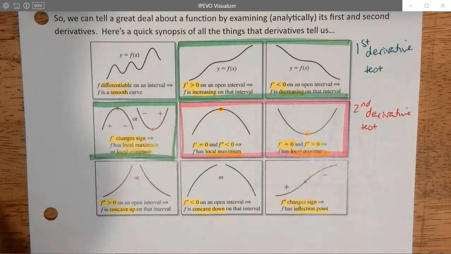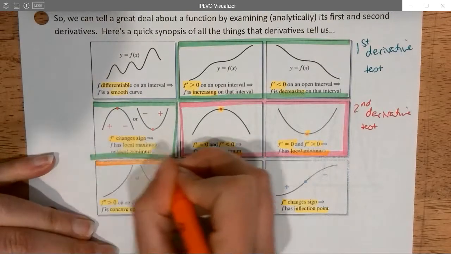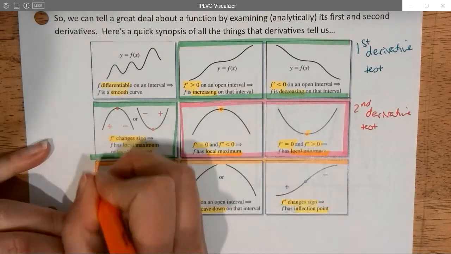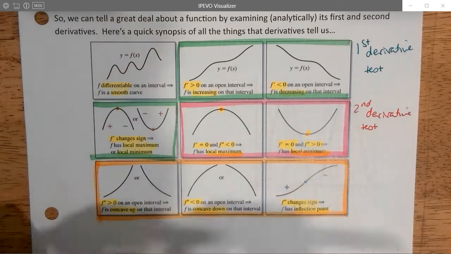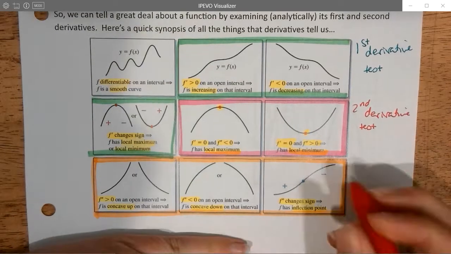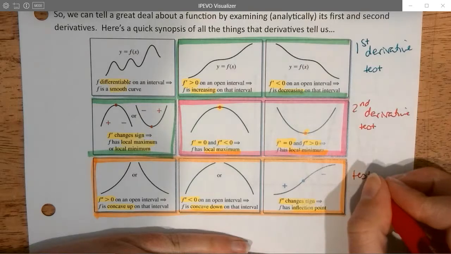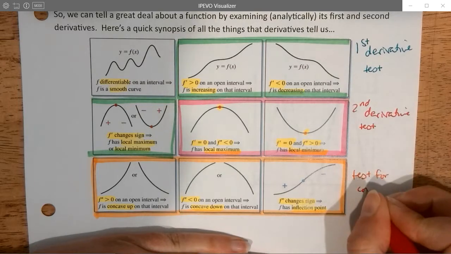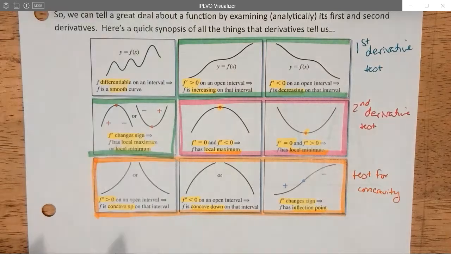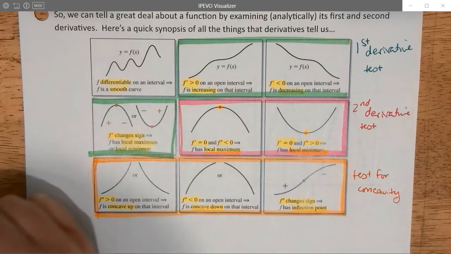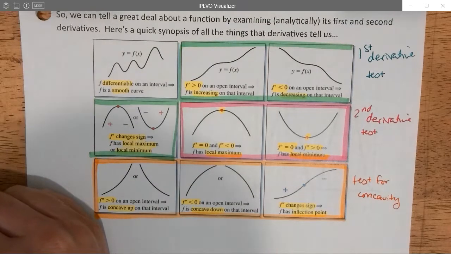And so those three things together were the test for concavity. Alright, that puts together a summary of all of the tests that we saw in this section at least. We saw a test for absolute extrema in a previous section, so we've got lots of tests right now.